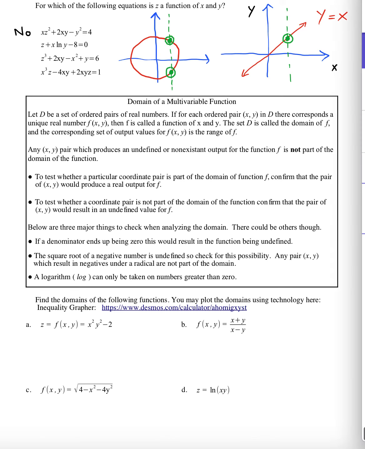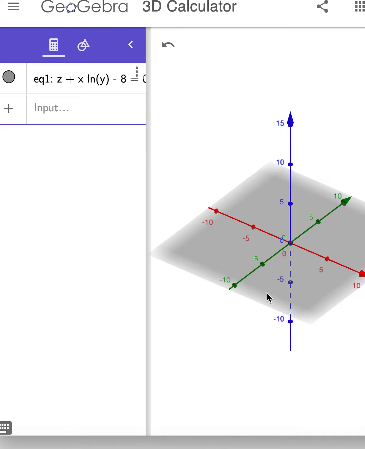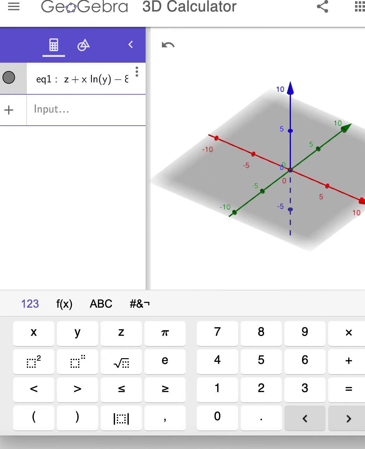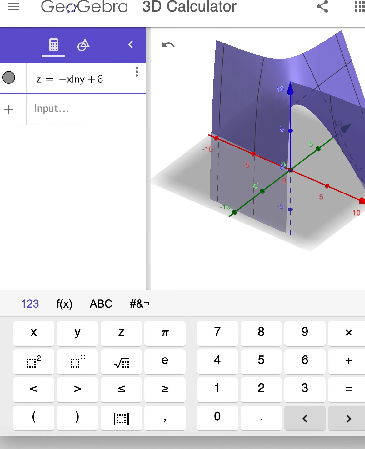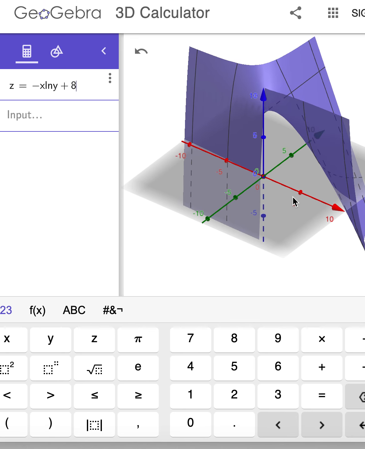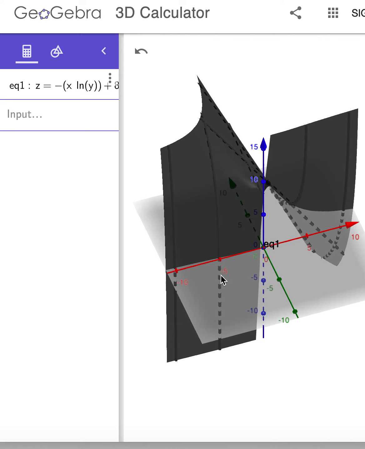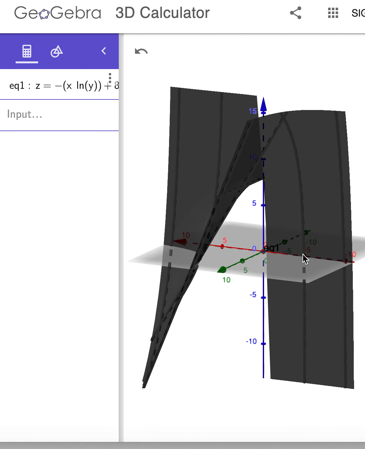Okay, now let's try some of the others here. Alright, and once again, it's having a little trouble recognizing how to draw the surface, so I'll just rearrange the equation a little. Alright, now that I moved the terms over myself, we can look at the surface.